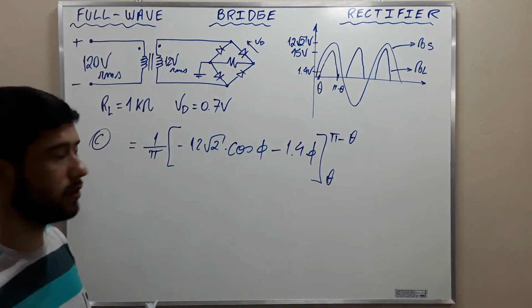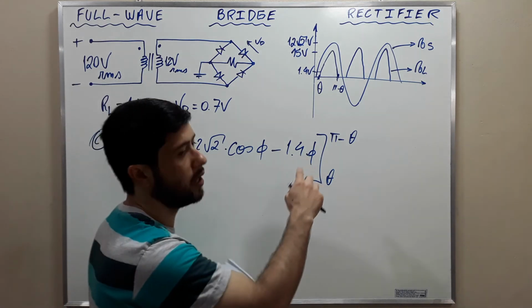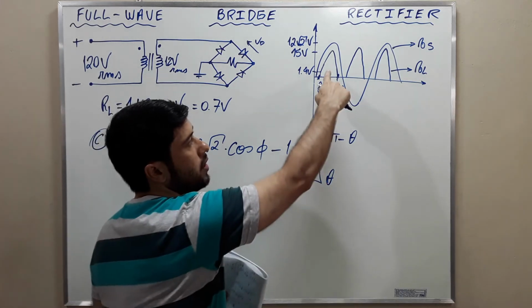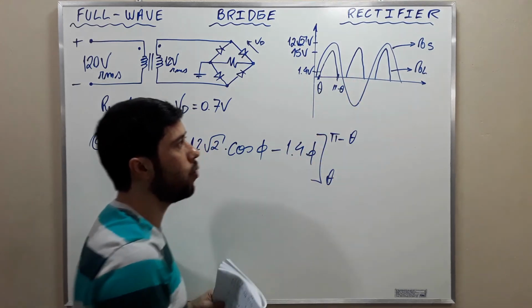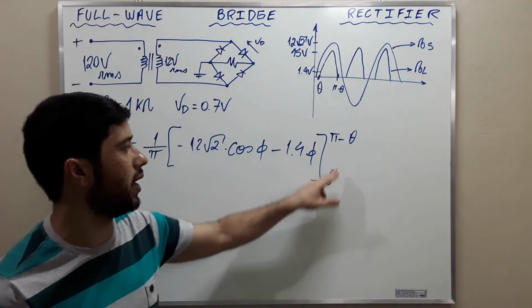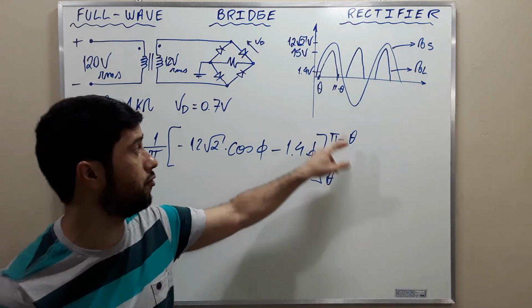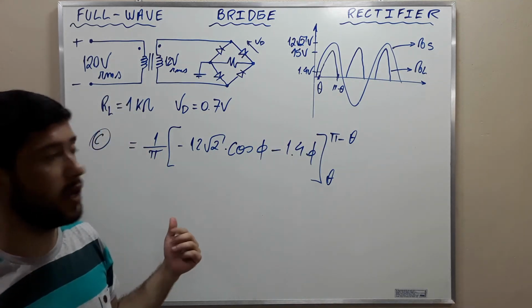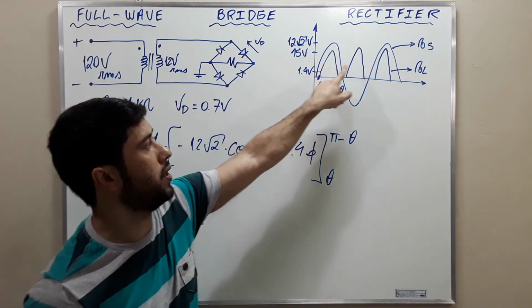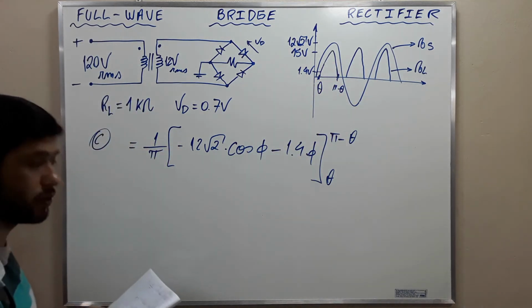And in the beginning we multiplied by 2 because in 360 degrees there are 2 peaks, this peak and this peak. We integrate from theta to pi minus theta, and then we multiply by 2 because there are 2 peaks in 360 degrees. Did you get it?